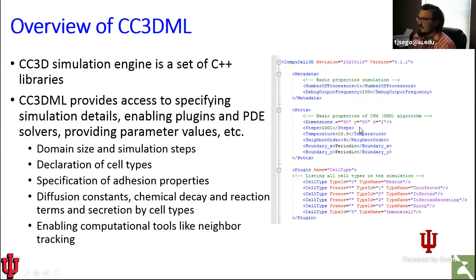You can see that this is fairly straightforward and intuitive. Again, all of this is described in the CompuCell3D reference manual. You can see an example of specification of cell types for our actual simulation framework that we'll be working with today. You'll notice that some of these names may look familiar. This is prescribing our immune cells and our uninfected cells.